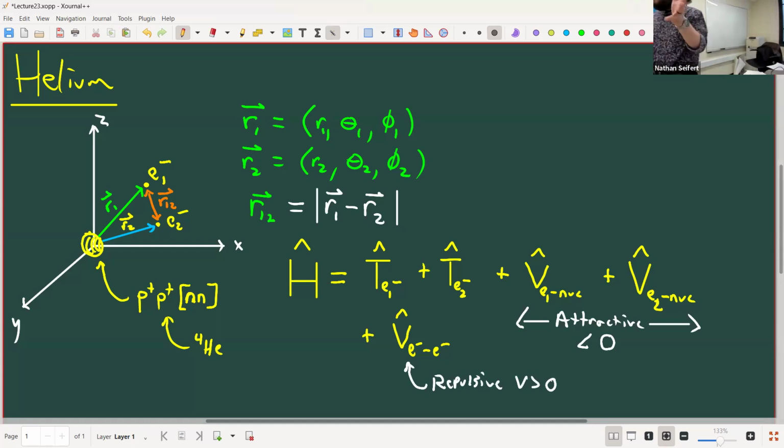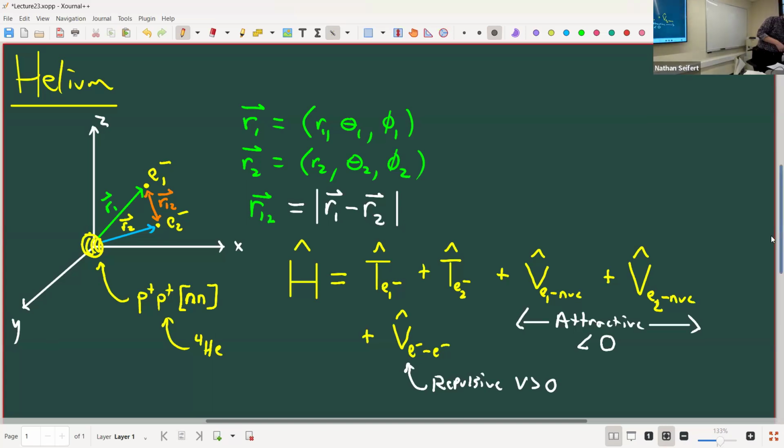That's all we have, right? Sorry, 3 potential energies and 2 kinetic energies, and the potentials all have the same formula. This one is positive and these are negative. That's the only difference, because the charge of the electrons is the same as the charge of the nucleus, except there are 2 protons in here instead of 1. But besides that, these are negative and this one's positive by definition.